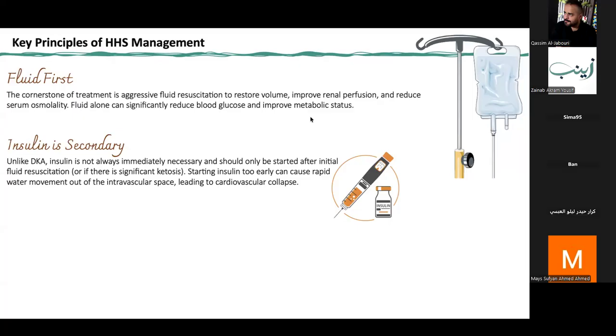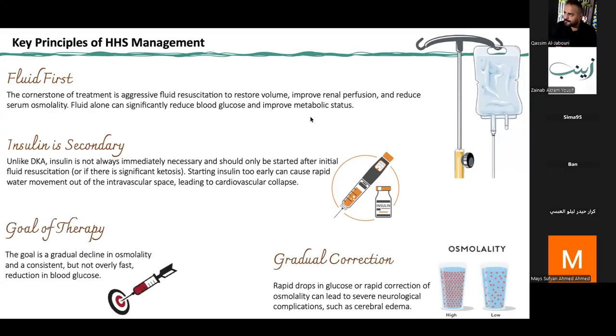You only introduce insulin early when you have evidence of acidosis in mixed DKA and HHS. So fluid comes first, and insulin is secondary. In addition, you need to aim for a gradual decline in osmolality to prevent the complications that happen from rapid shifts in osmotic pressure between the intracellular and extracellular spaces. This happens through gradual correction of osmolality, which we will talk about in our presentation later on.